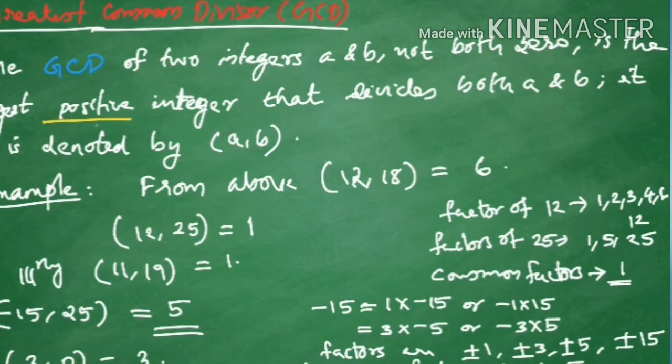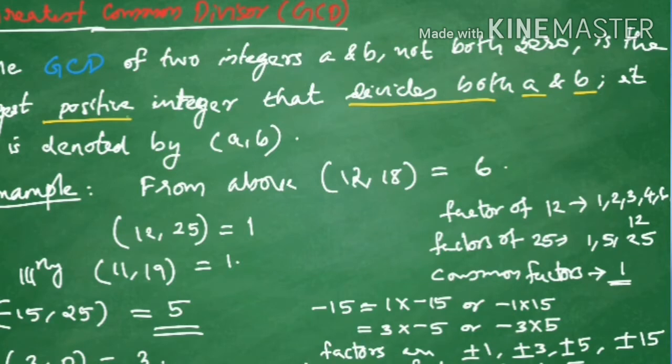So the GCD should be a divisor of both a and b, that means a common divisor, and greatest means the largest common divisor. And it is always a positive integer.